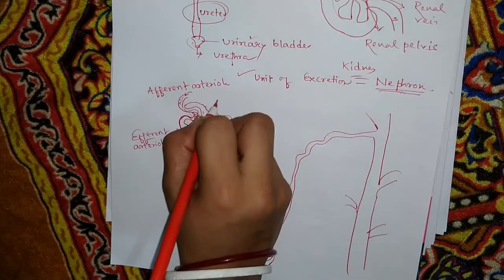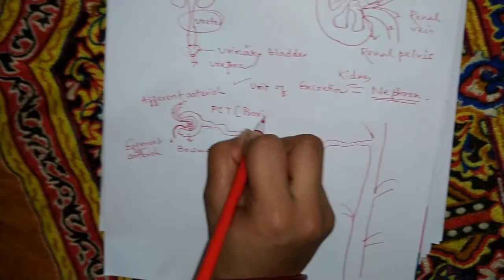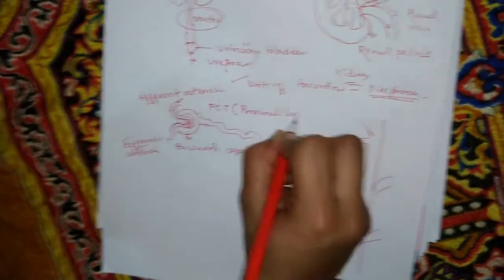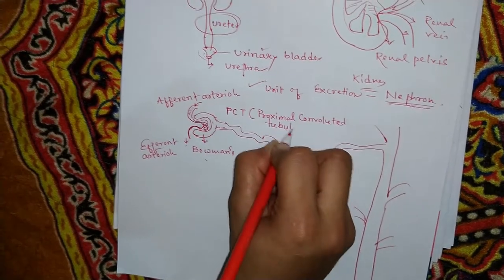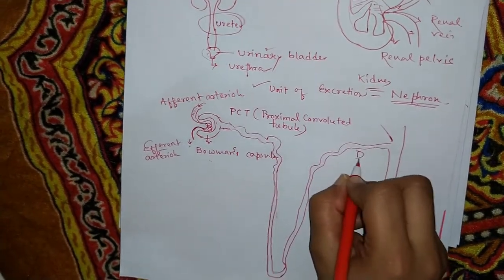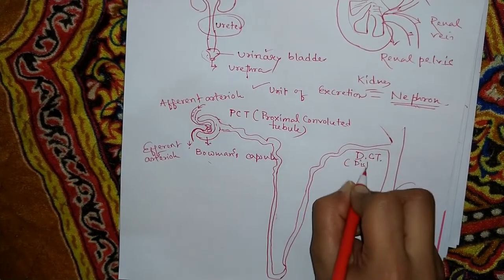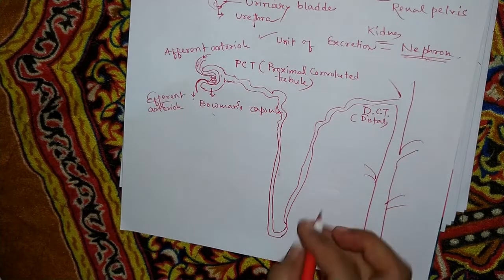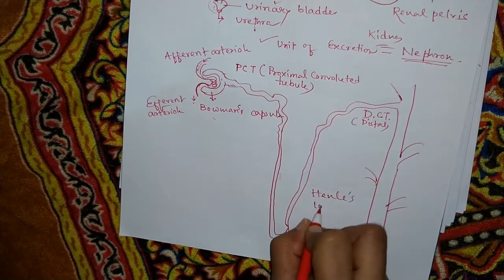I am writing the names here. Proximal convoluted tubule. This one is the distal convoluted tubule, D for distal. This one is Henle's loop, named after a scientist's name.